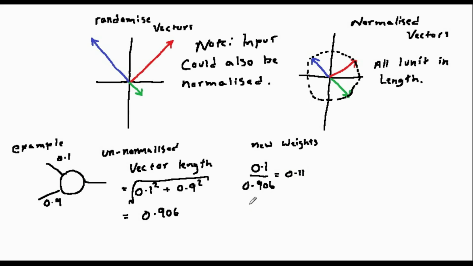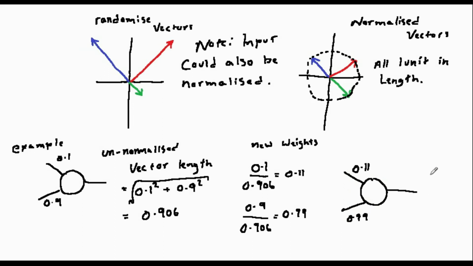The first component is 0.1 divided by 0.906, which makes 0.11, and the second weight is 0.9 divided by 0.906, making a weight of 0.99. If we followed this procedure for all the neurons, then we'd have normalized the weight vectors to unity for each one.